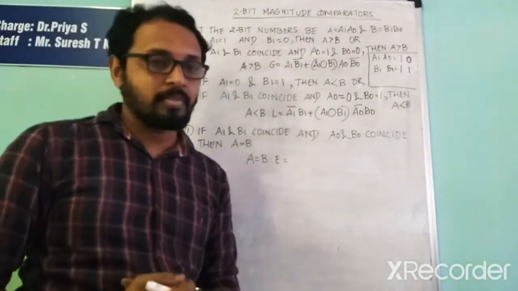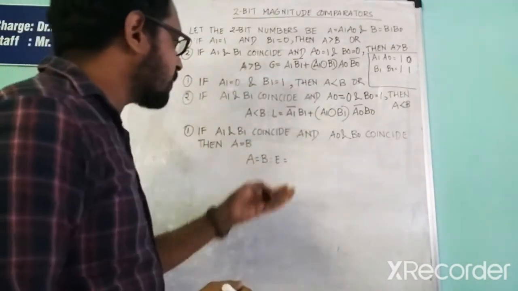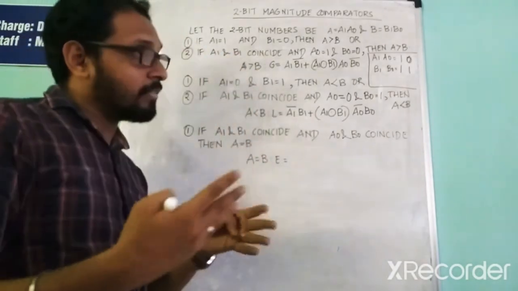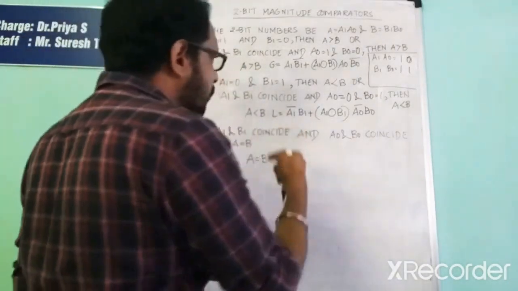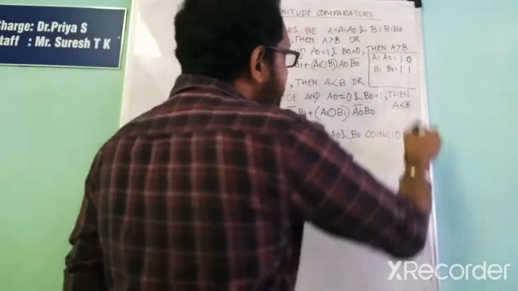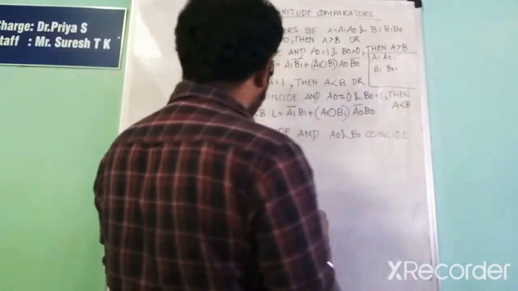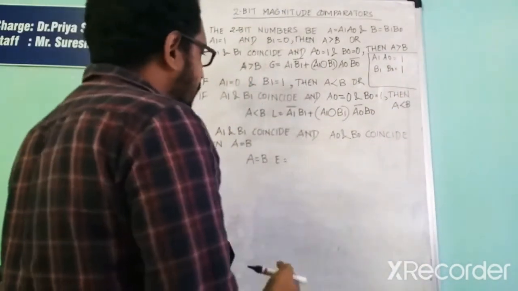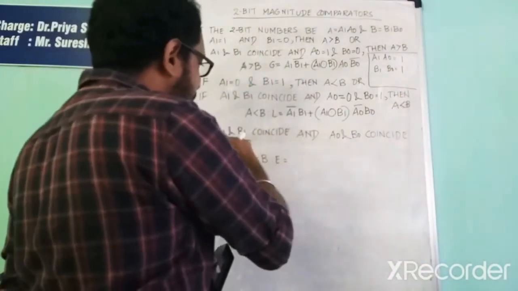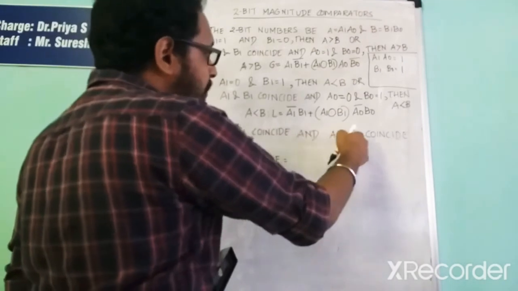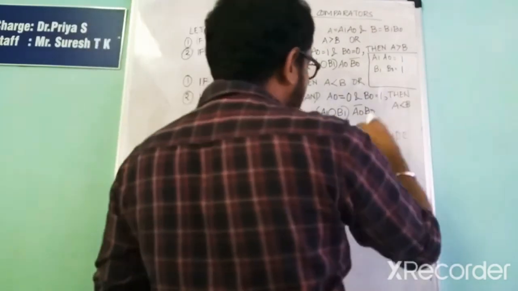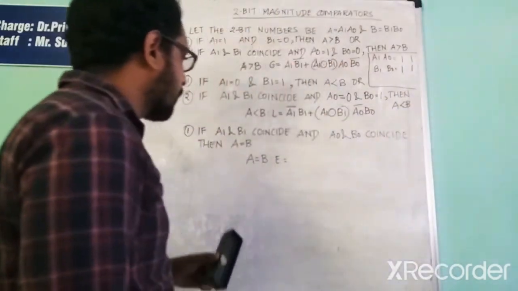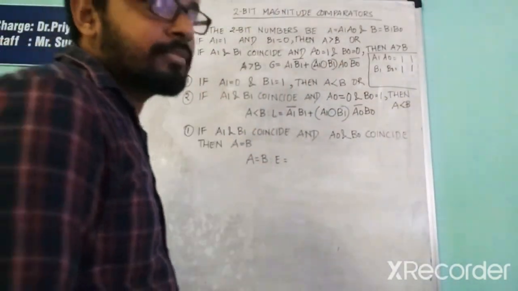Clear? The third condition is the coincidence of A1 and B1. If A1 and B1 coincide and A0 and B0 coincide, the same values, then A is equal to B, right?